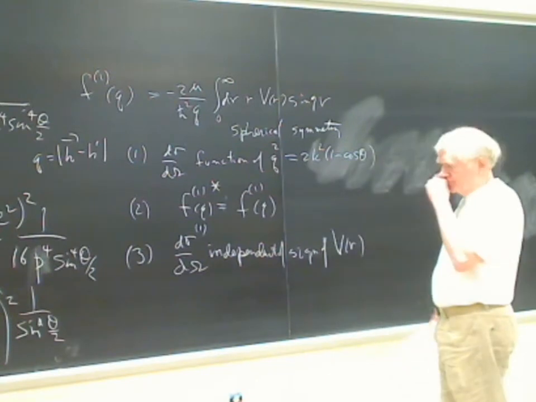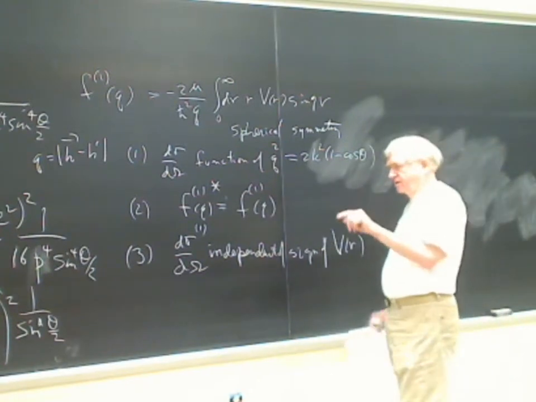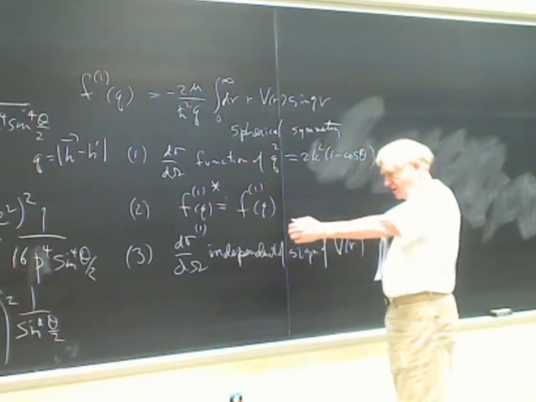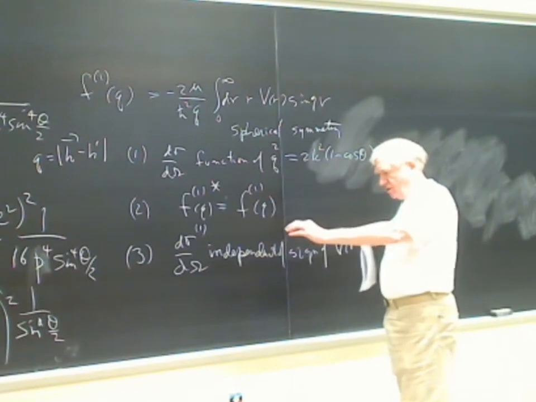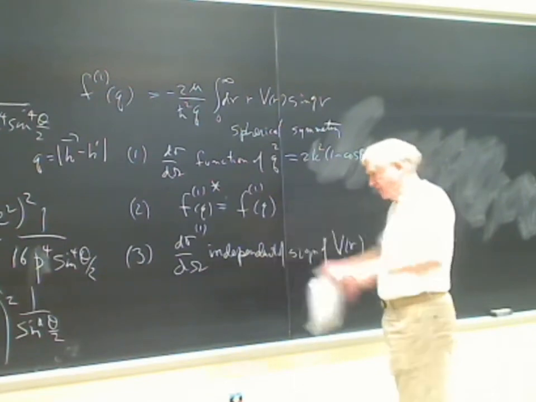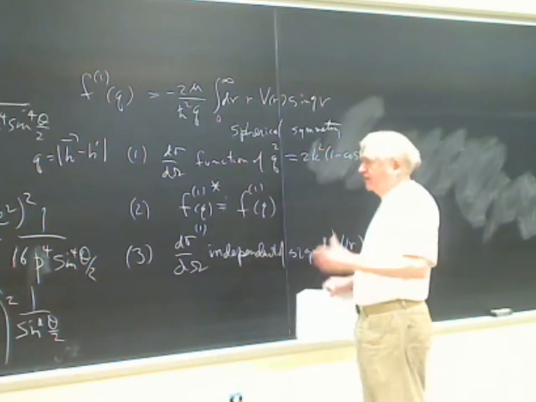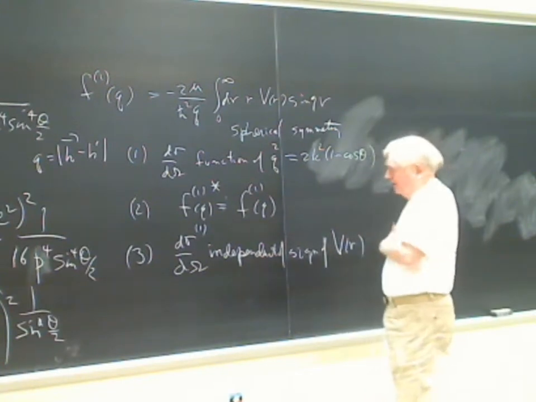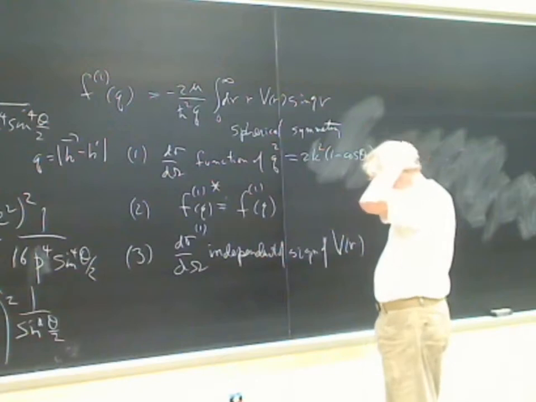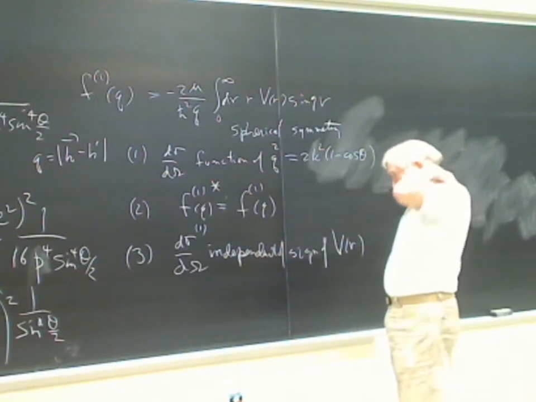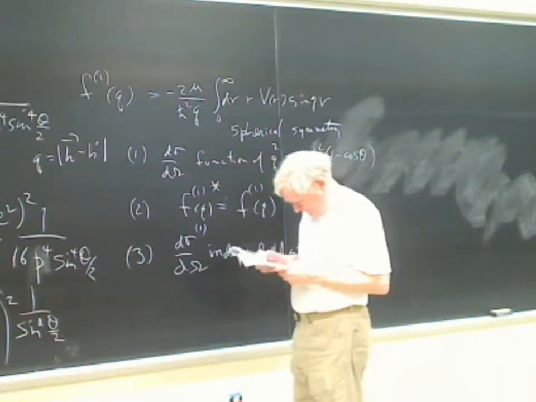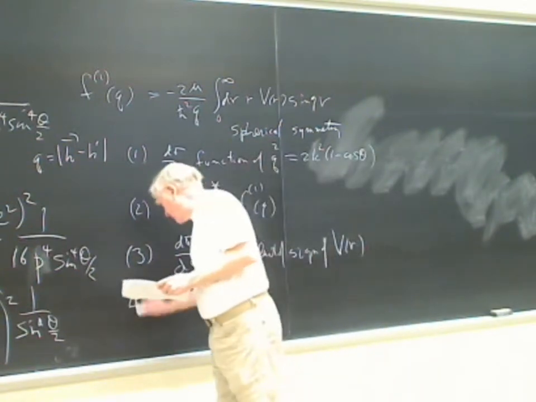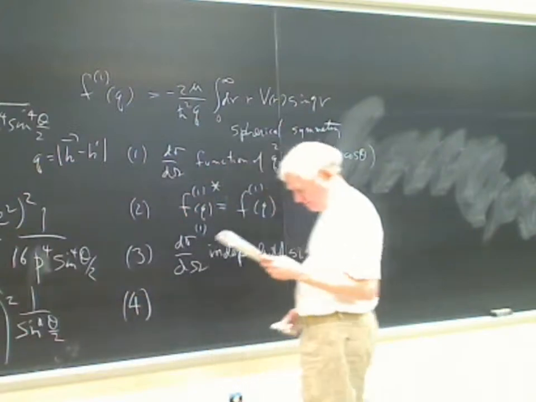So you can imagine scattering an electron off a nucleus or an electron off another electron. Apart from the mass differences, you're going to get the same cross section to lowest order, which is somewhat puzzling. So you have to go to higher order.